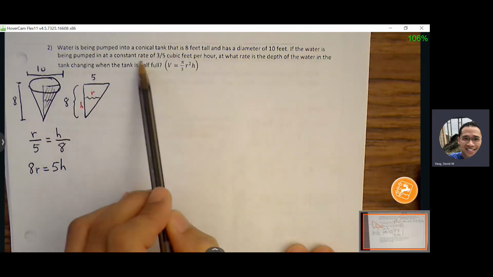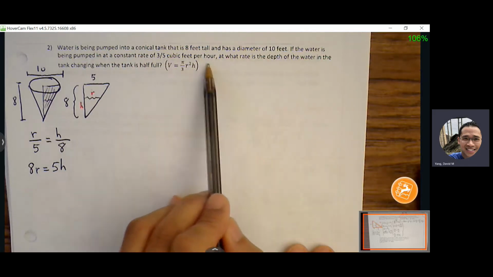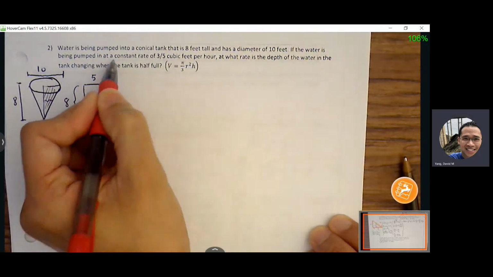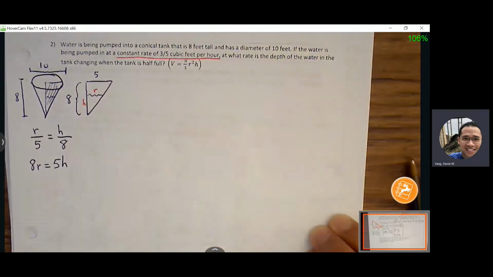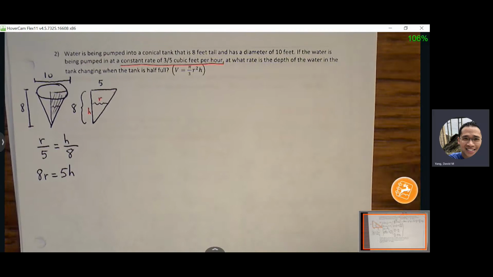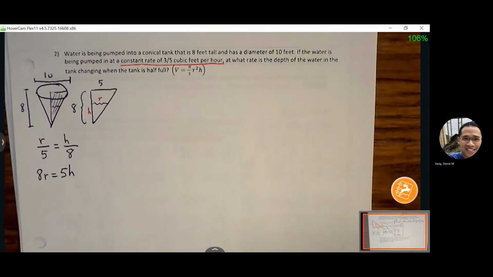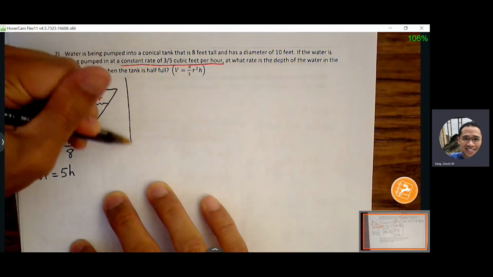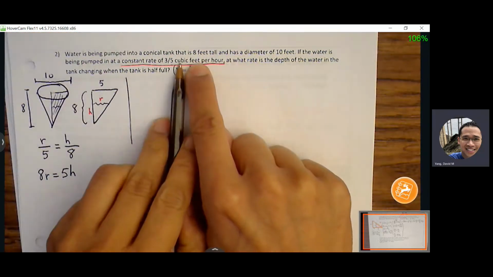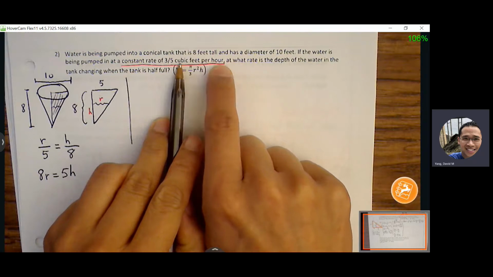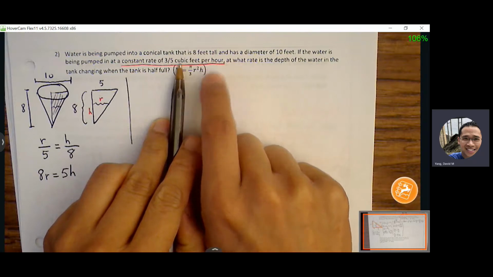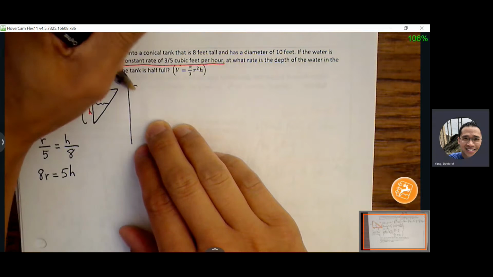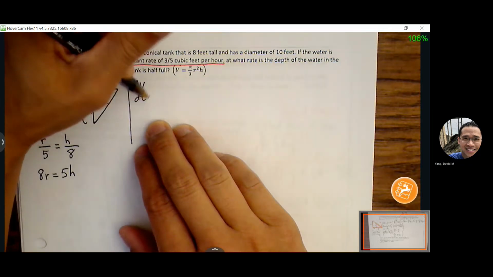So, all right, water is being pumped into a conical tank at a constant rate of 3/5 cubic feet per hour. Okay. Which variable is that going to go in for? dV over dt. You see cubic feet, that must be volume per hour, that's the time component, dV dt.